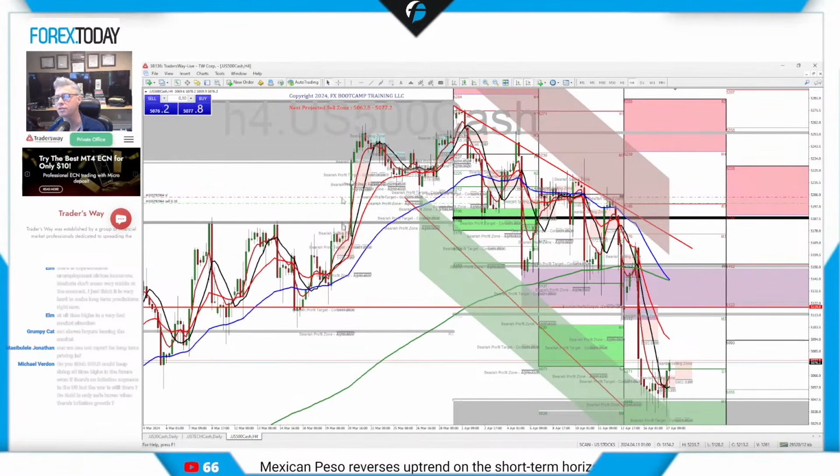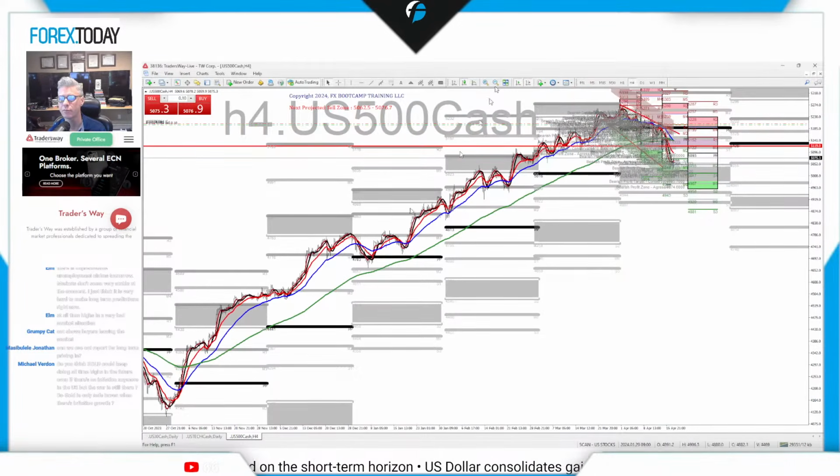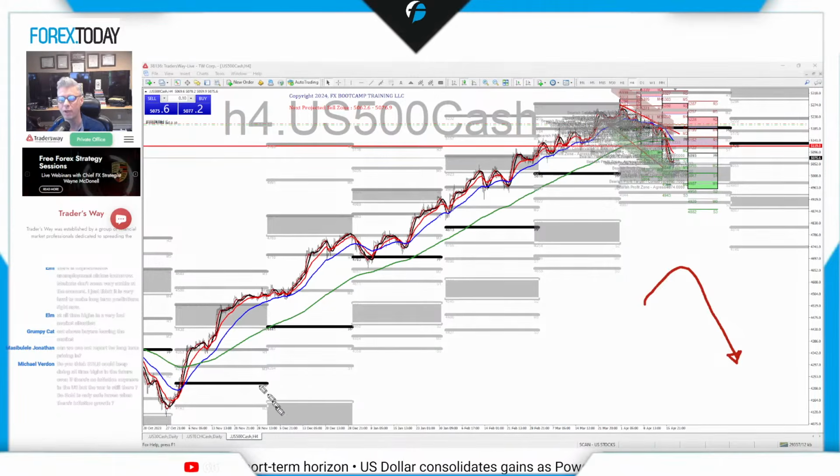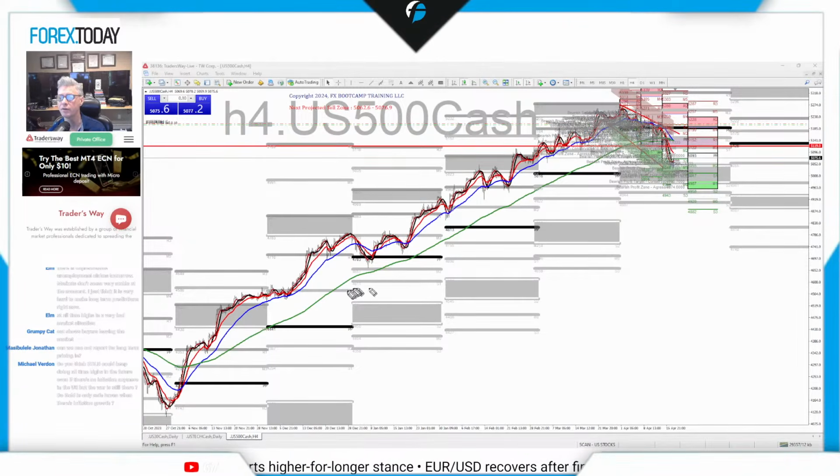So when you look at the stock market and how it rallied in the previous period, this was all based on money becoming cheap, on the Fed cutting interest rates.